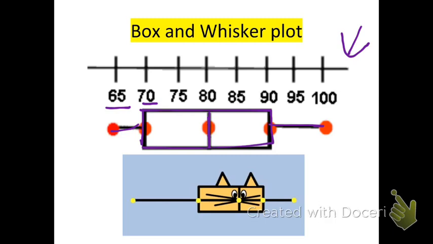So it's basically telling us that this is the center of the data, and it spreads from here to here, and 50% of it, or half of the data, goes between here and here. That's really kind of what this is designed to tell us. And I don't expect you to remember that yet. We're going to talk about more of that in just a second. But that's the whole idea of a box and whisker.